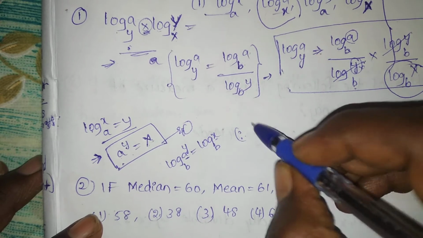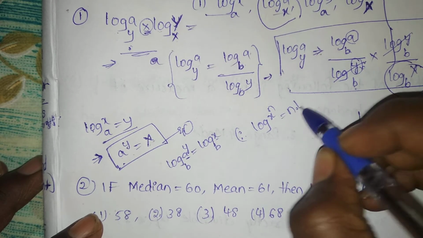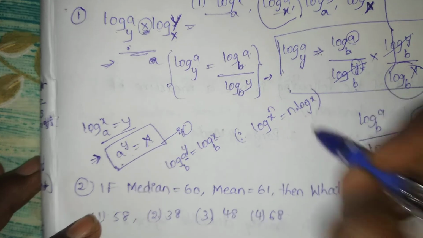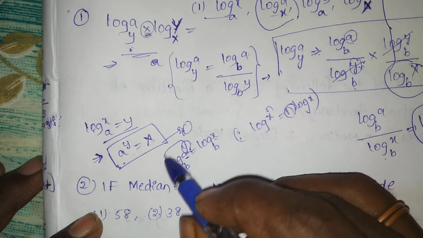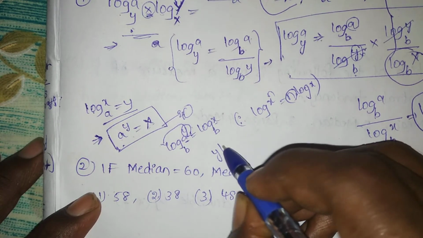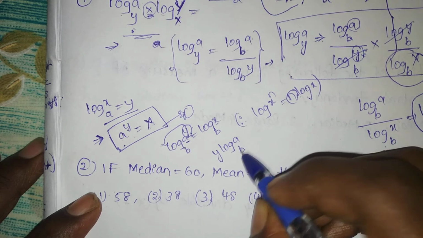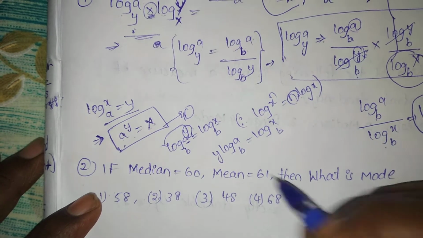According to the formula, log of x to the power n is equal to n into log x. In the similar way, here y will come in front of the log, so y log a to the base b is equal to log x to the base b.